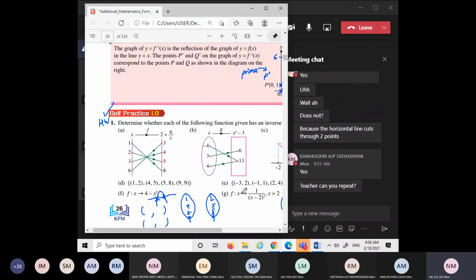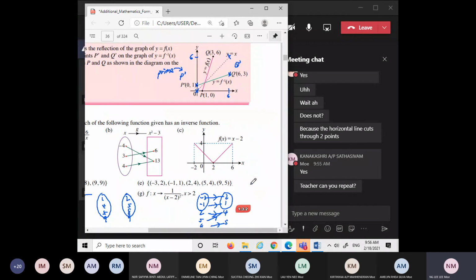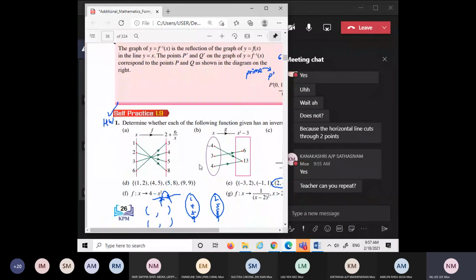I want the points that have a different object but the same image. You look at the E. You look at these two pairs. 2, 4, 5, 4. That's why this is a many-to-one function. That's why there's no inverse. So you see, different object but same image. I want you to give me the example, but for this function, 4 minus x squared.